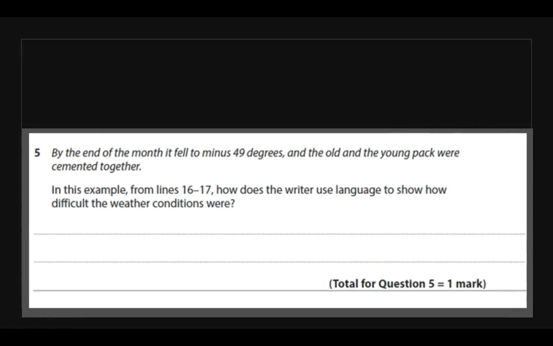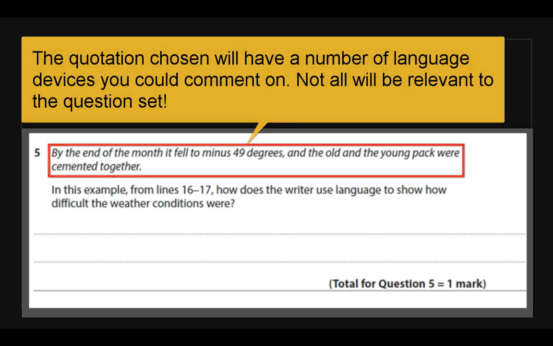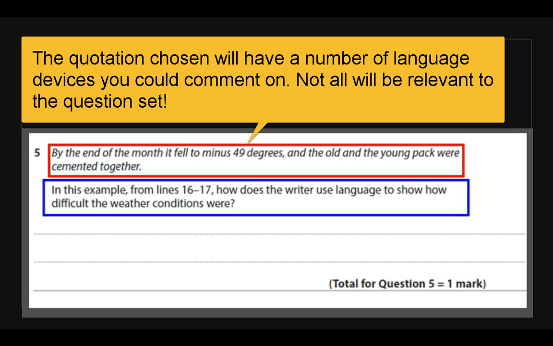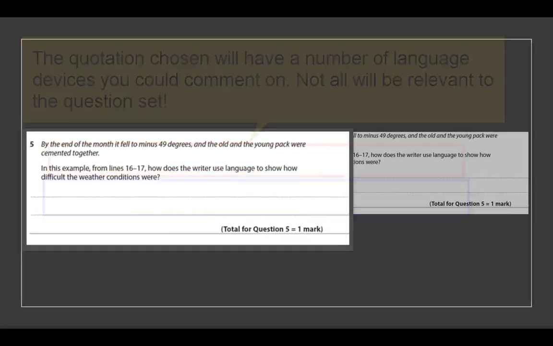Okay, what we have on the screen now are 2 copies of a question 5 from a paper 2 from the Edexcel 9-1 exams, and you can see that in question 5 you are given a quotation, so there is a short quotation printed on the paper, and then you are asked a question. You're told where it comes from, and then you're asked to explain how language is used to show something.